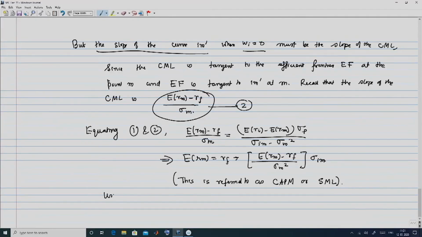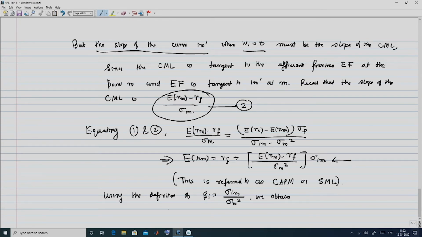Now, I have actually put this CAPM when I began the discussion in a slightly different form. In order to obtain that form which involves the beta of the ith asset, we take note of the definition of beta I, which is the covariance of the asset with the market portfolio divided by the variance of the market portfolio.